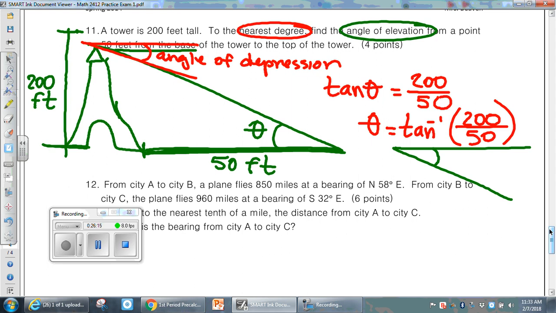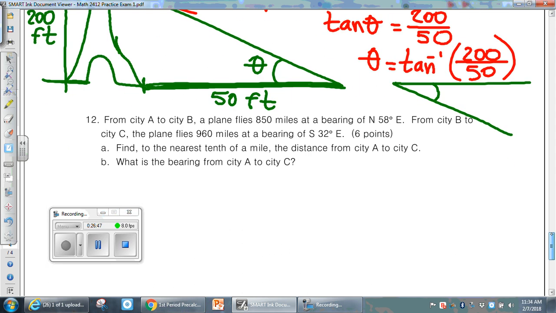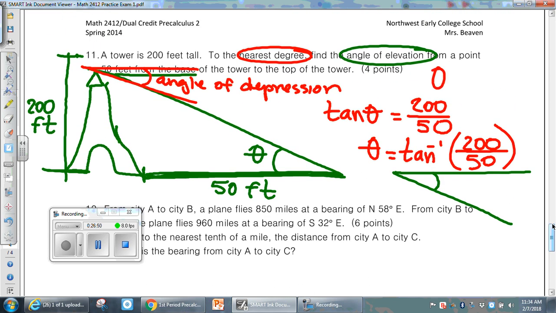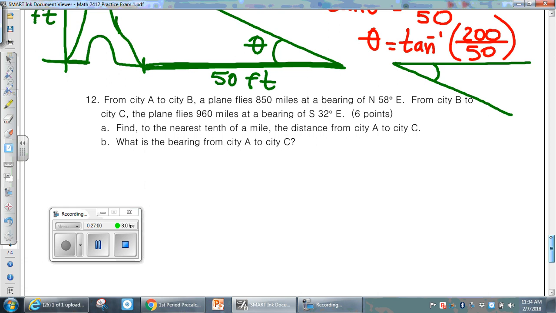I might not even give you a problem like that. But tangent inverse of 4, what is it? 75.96. Okay, I will not give you a problem that requires the calculator.